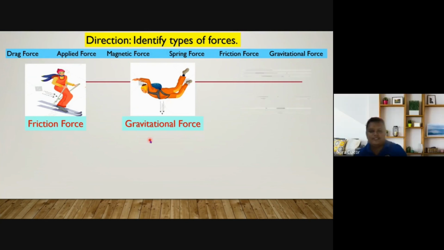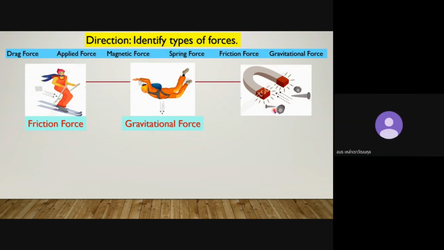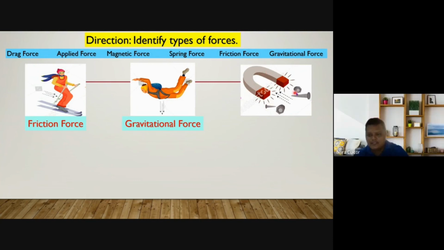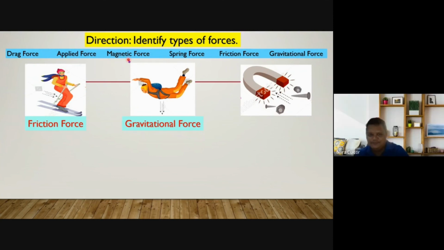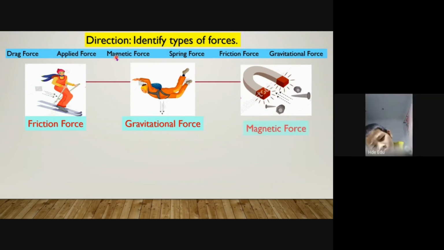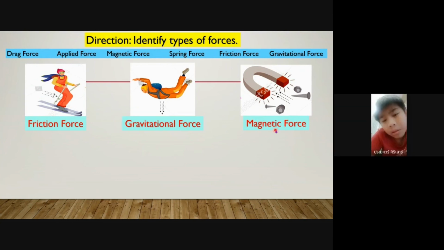Okay, that's this one. What's this? A magnet. Magnetic force. Very good. It's magnetic force. Okay? Magnetic force, friction force, gravitational force.